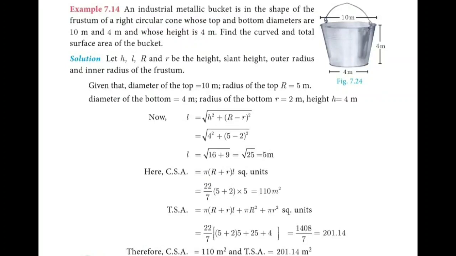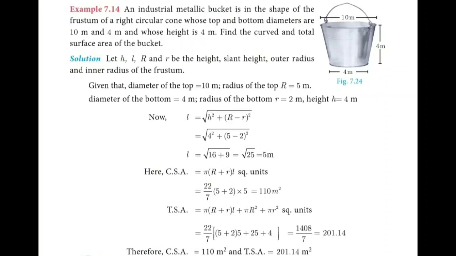Now L is equal to square root of h squared plus capital R minus small r the whole square, then square root of 4 squared plus 5 minus 2 the whole square, then root of 16 plus 3 squared, then square root of 16 plus 9. Therefore, L is equal to root of 25. We get slant height L is equal to 5 meter.